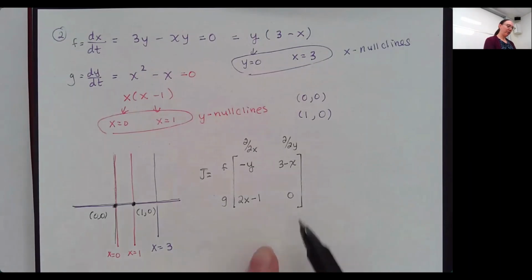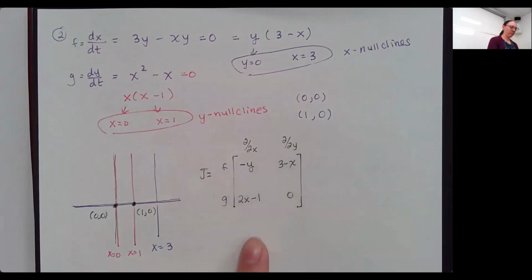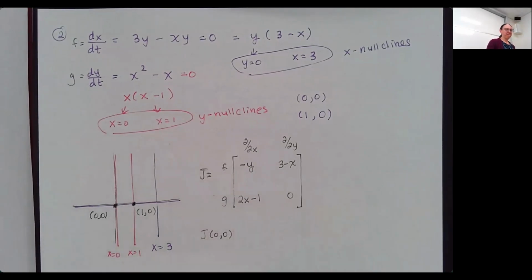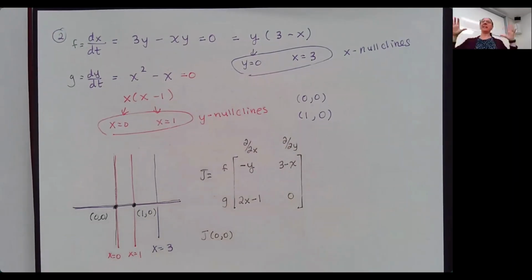So my Jacobian matrix at (0, 0). Why do you do it at (0, 0)? When we're trying to classify the behavior very near the equilibria, what we're doing in finding this matrix is linearizing the system very near the equilibrium. At the equilibrium, this matrix of partial derivatives tells us exactly what that behavior looks like.